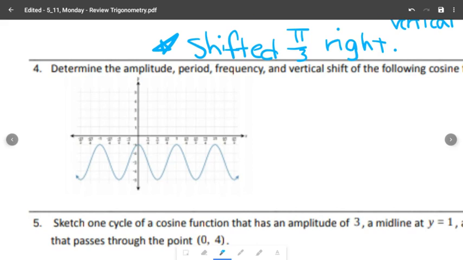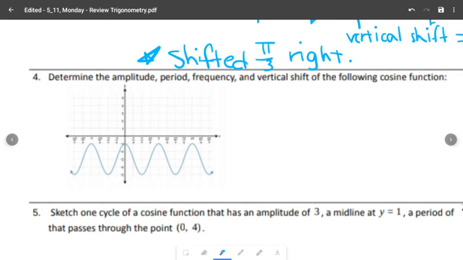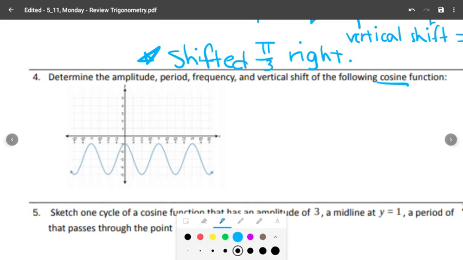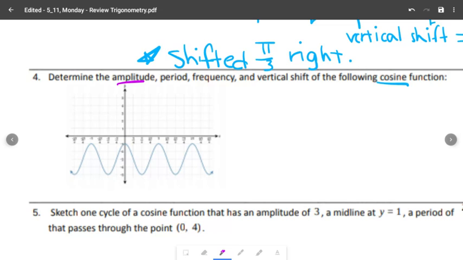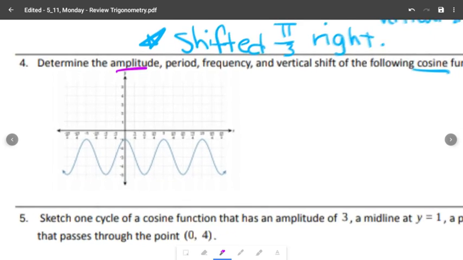Question 4. Determine the amplitude, period, frequency, and vertical shift of the following cosine function. All right, amplitude, remember, is the height from the midline. We have to know our definitions for this.